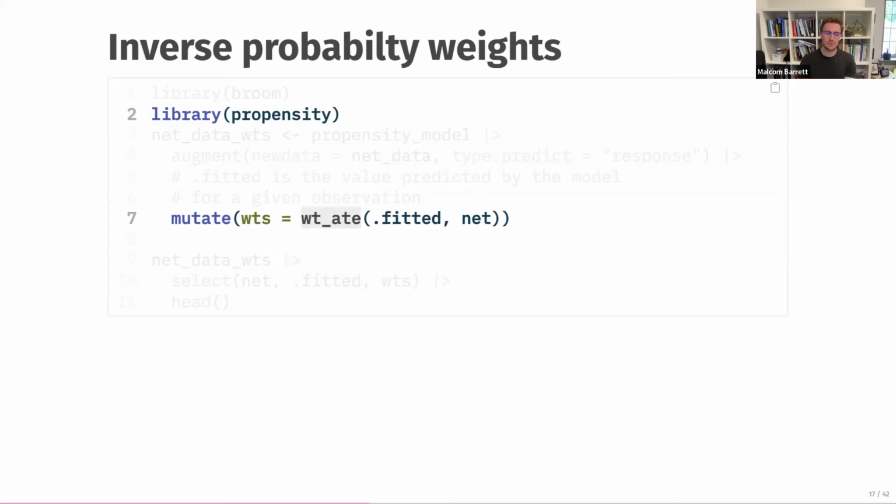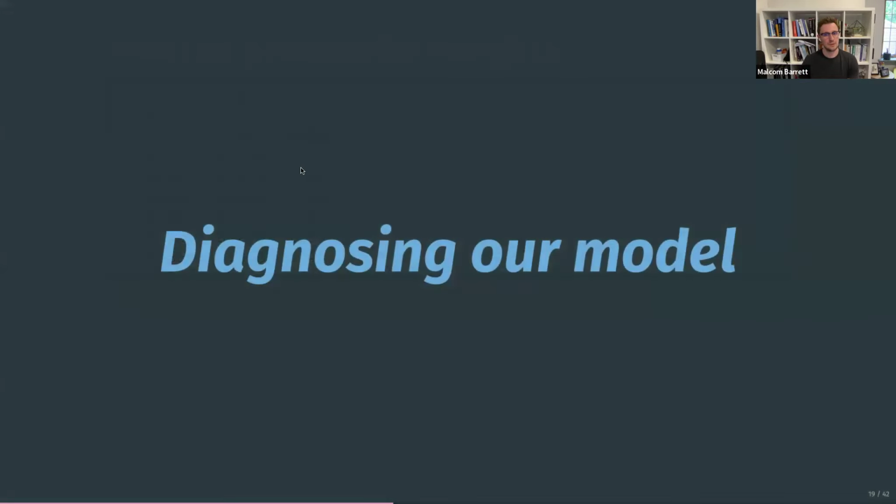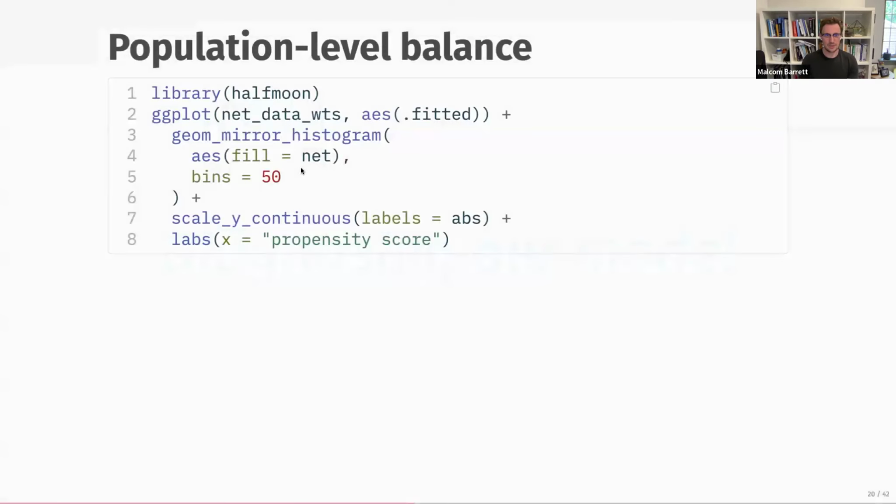What these weights are doing is generating a set of numbers that we're going to use in a regression model to create what we call a pseudopopulation, where we have two identical populations and the only difference is whether or not they got that treatment, whether or not they got a net. We'll be able to see that a little bit better when we diagnose our model.